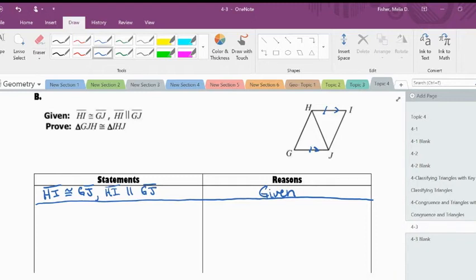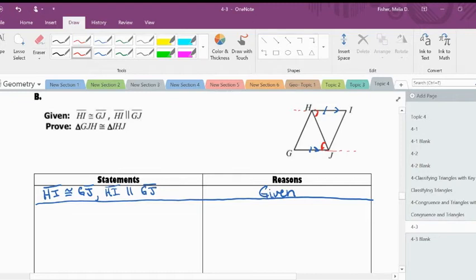I'm going to have to use the idea that they probably told me these are parallel for a reason, to be able to look and say that this angle and this angle are congruent because these lines are parallel and those are alternate interior angles.